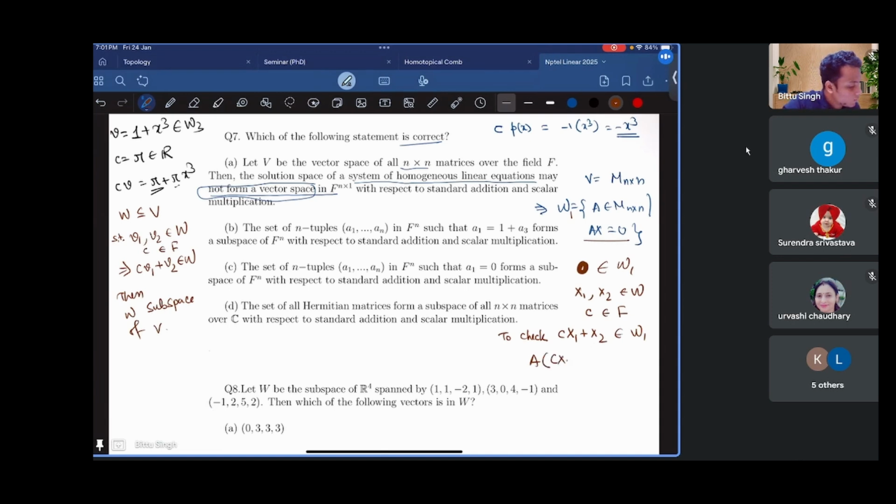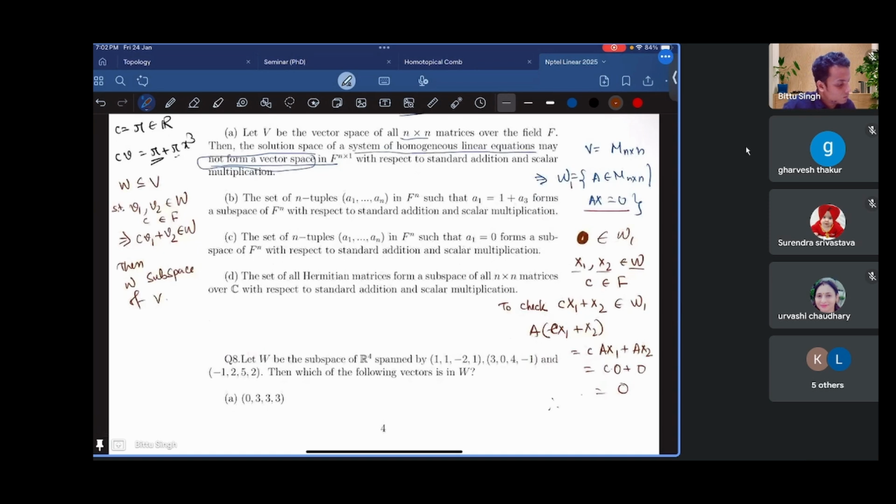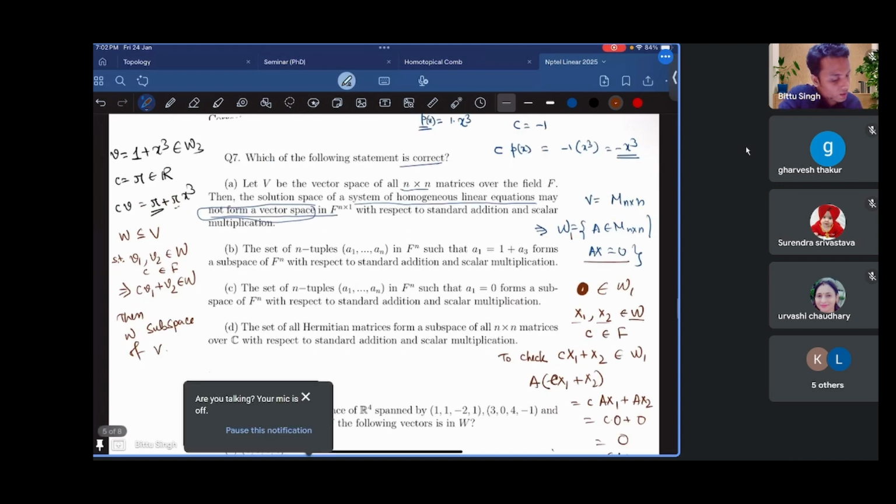A times (c x1 plus x2) can be written as c times A x1, where c is any scalar, right, plus A times x2. But we have assumed that x1, x2 both belong to W. Therefore, A x1 is 0 and A x2 is also 0. Hence this is c times 0 plus 0, which is the same as 0. Therefore, it is true that W1 is a subspace of V. So this is true. Therefore, this option cannot be the answer.